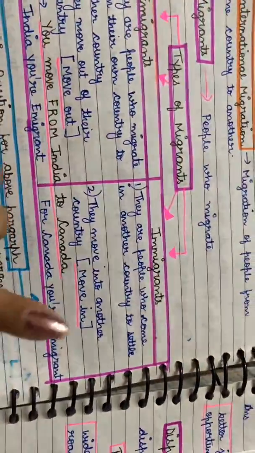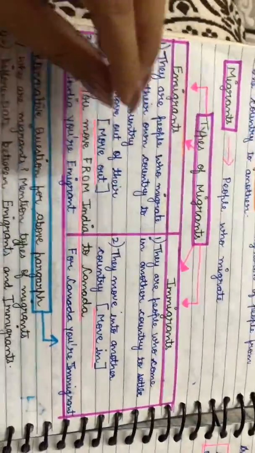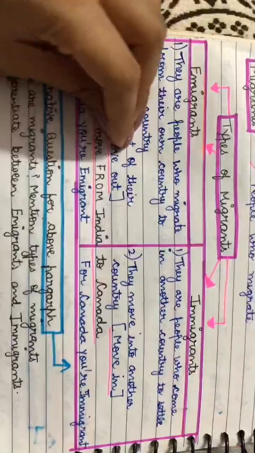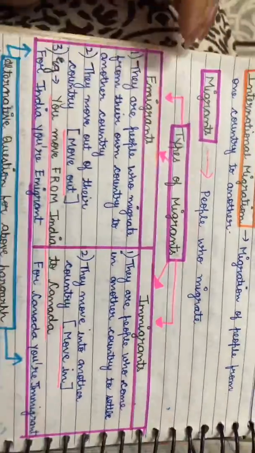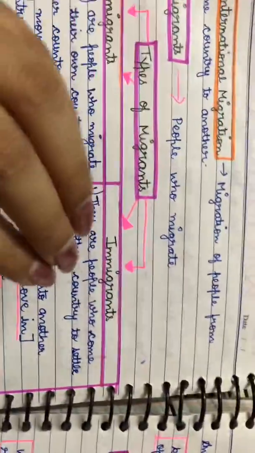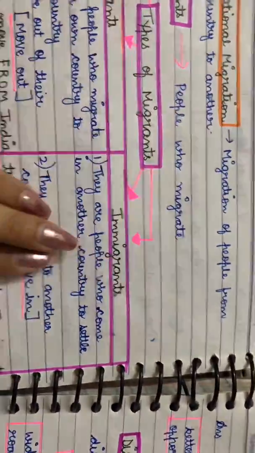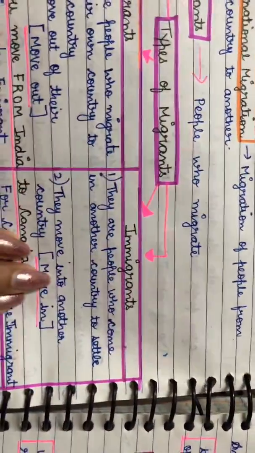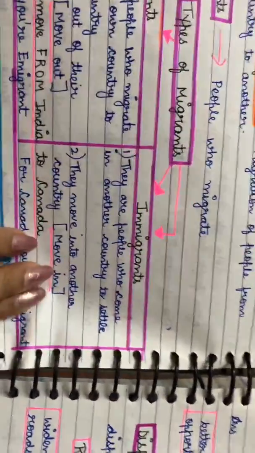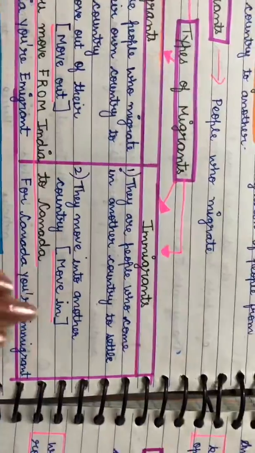When you move in, immigrant. When you go out of your country, of whichever country you are a citizen, you become emigrant. Then you come to some other country and you are not a citizen of that country, but you move into that country, you become immigrant.